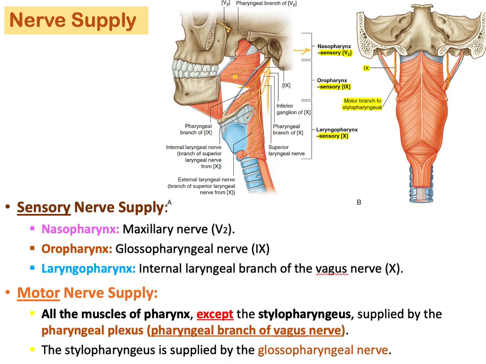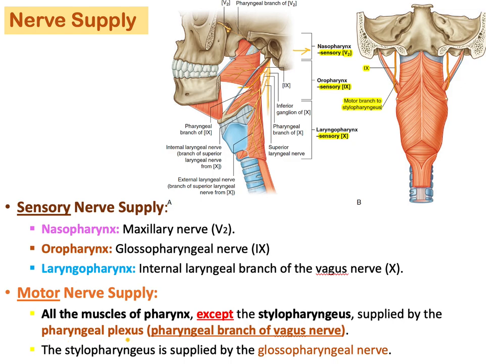These are the muscles that form the pharynx: you have the three constrictor muscles, the circular, and three longitudinal. So the innervation, let us say that all muscles of the pharynx, except of course the stylopharyngeus, are innervated by the pharyngeal plexus. Now, which part of the pharyngeal plexus?